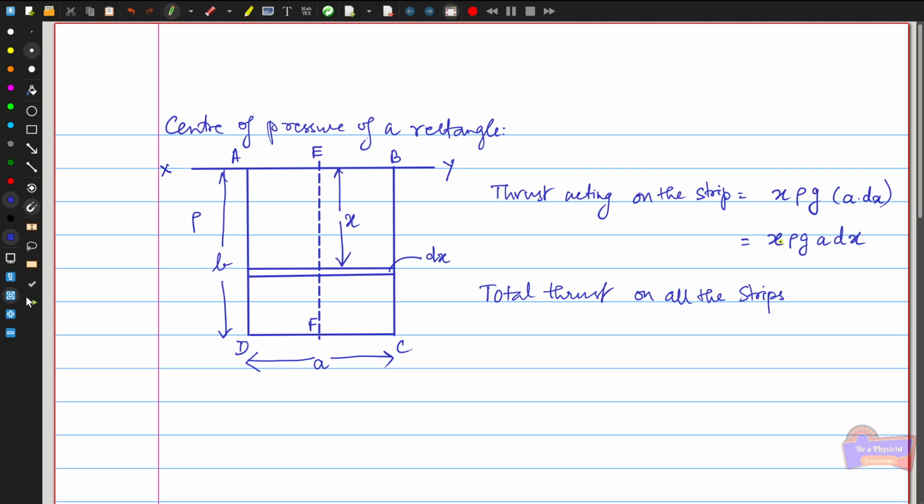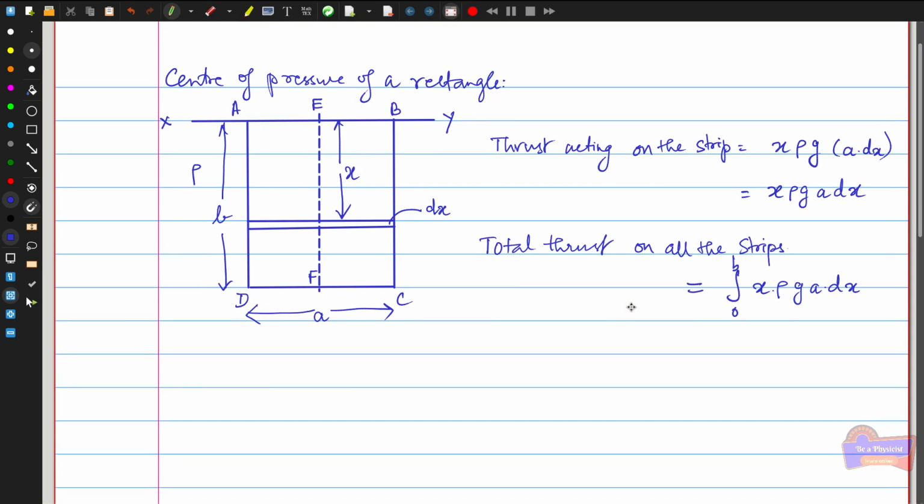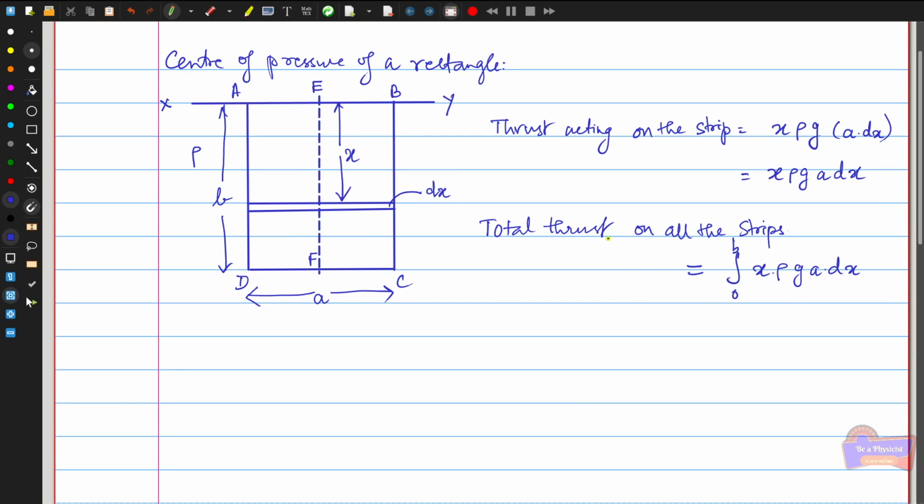So I integrate from the limits 0 to b of x rho g a dx. That is the total thrust acting on the entire rectangle.